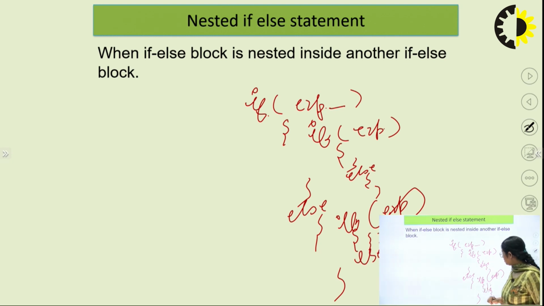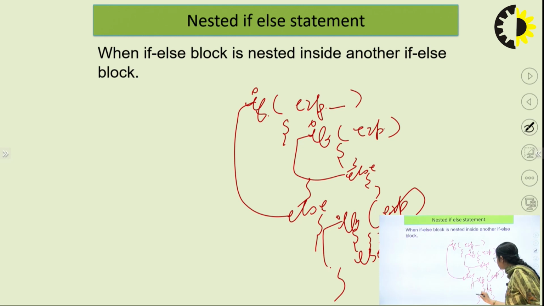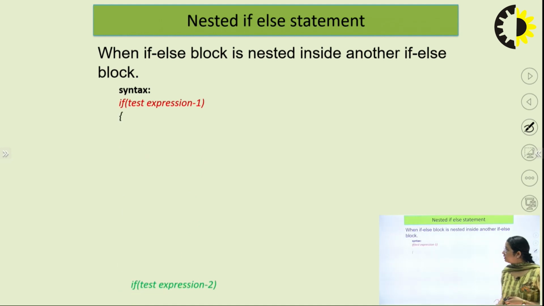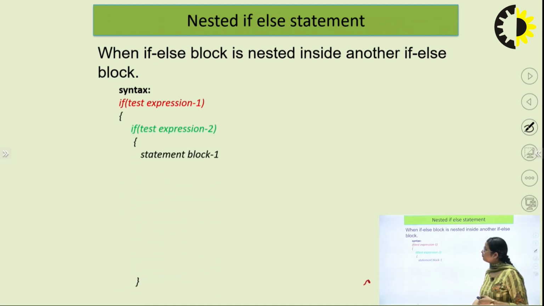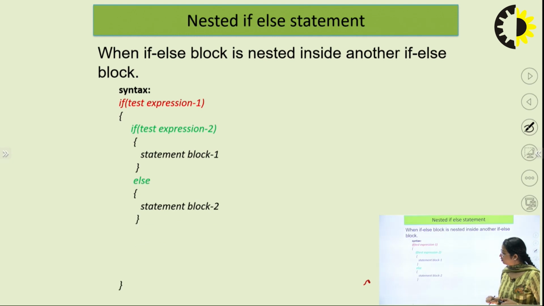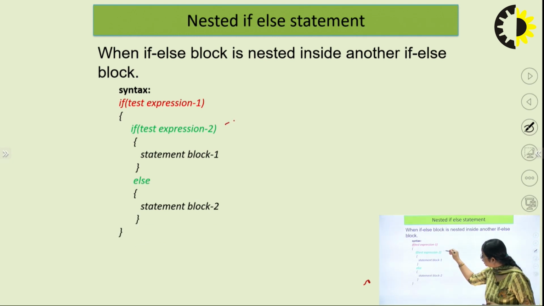So you can easily understand that in this if block we have an inner if block. This is the outer block, and these are the inner blocks. This is the syntax: we have an if, and within this if we have another if, inside the block of the if. Now this is the inner if else.